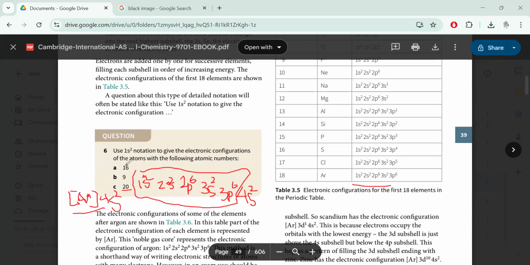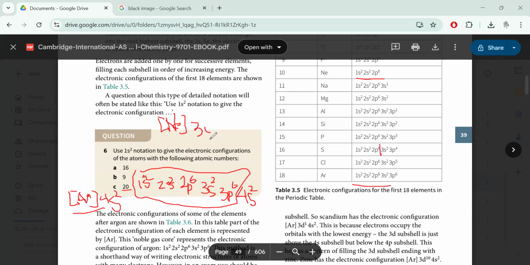So you can also write 16 right here by using the electronic configuration of neon. As you can see, this is neon, and this is 16. Up to 2p6 is the same. So we can write the configuration of sulfur as Ne, which has atomic number 10, plus another 6 electrons.